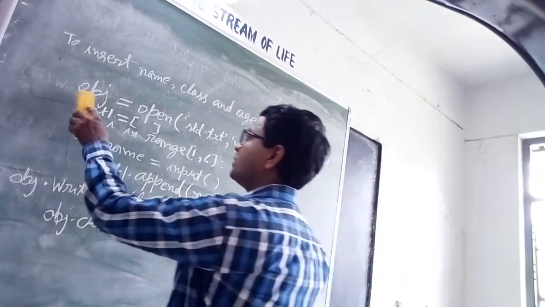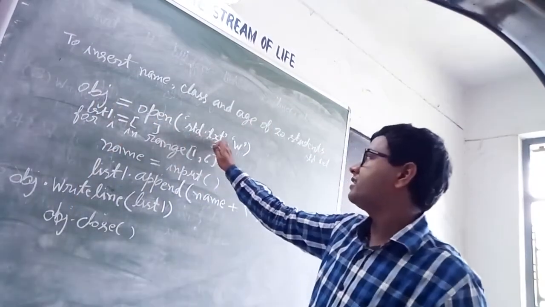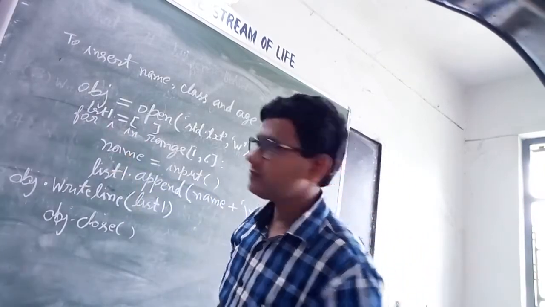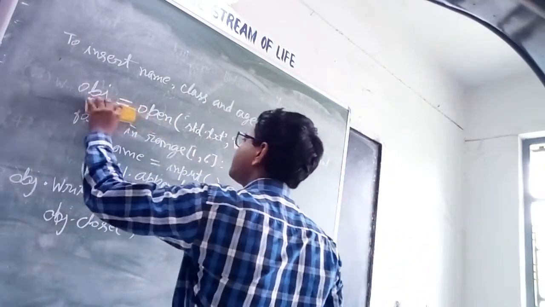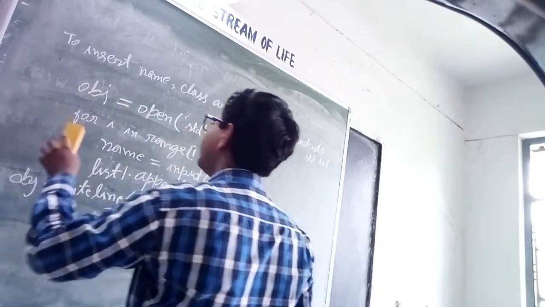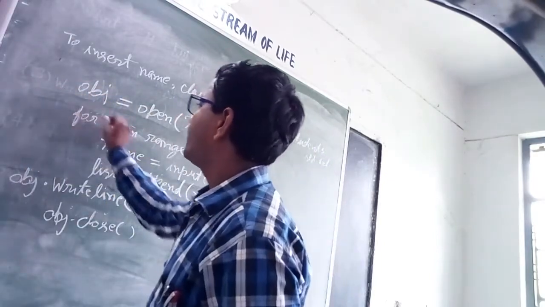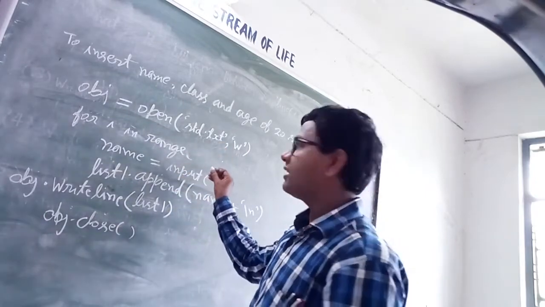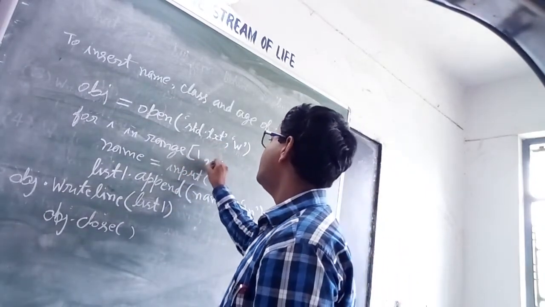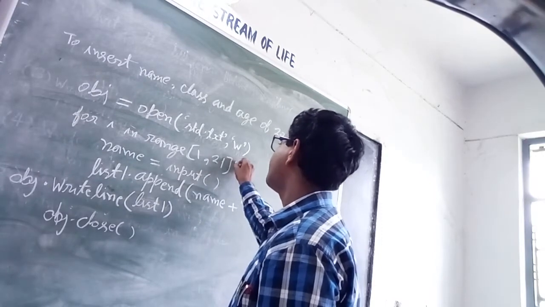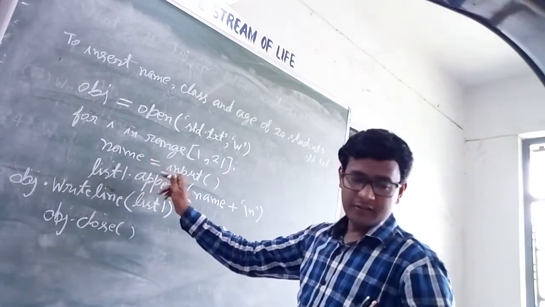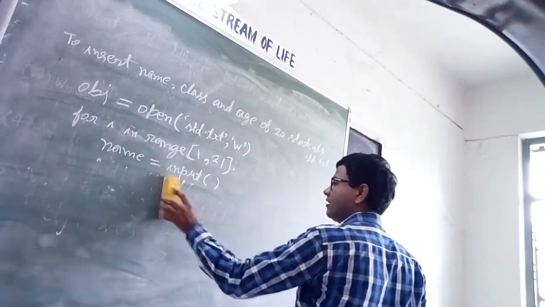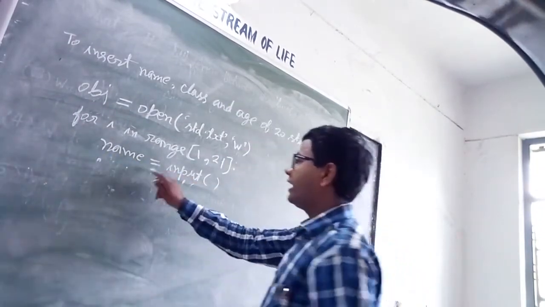obj equal to open std.txt in write mode. Next, for i in range, since we have to enter 20 students, then 1 to 21. We can use variables for entering the name of the student. name equal to input.